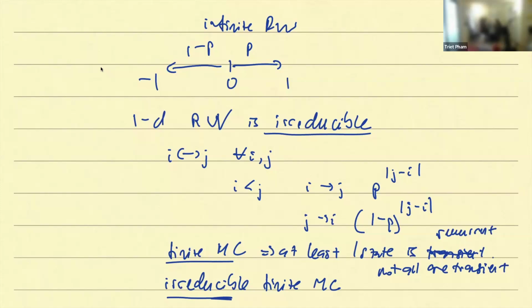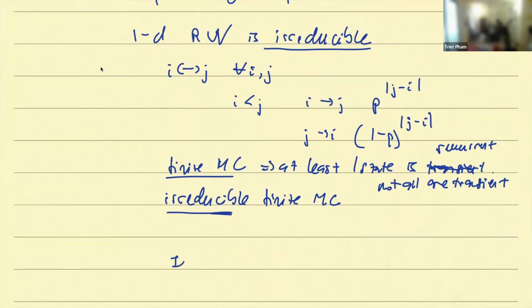All right. So the question is, imagine, if you will, is there a Markov chain where all states are transient? Is that possible?